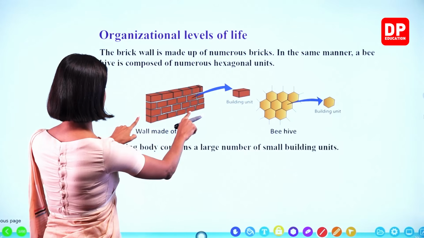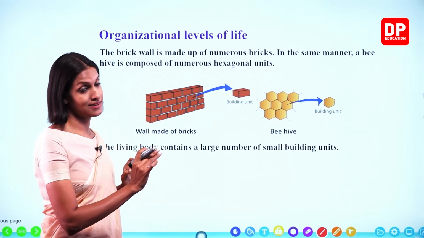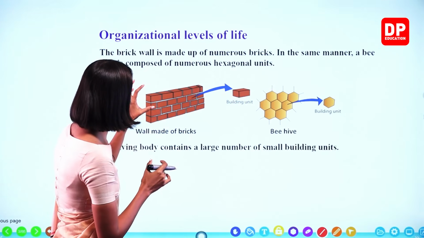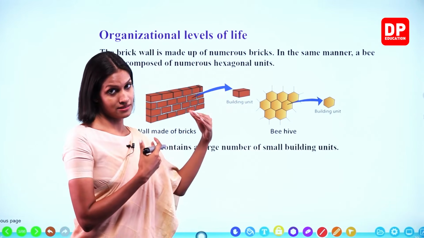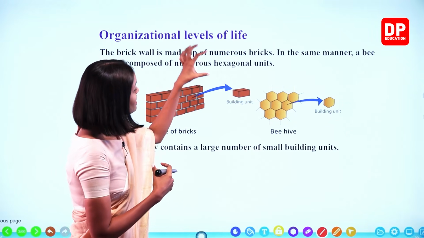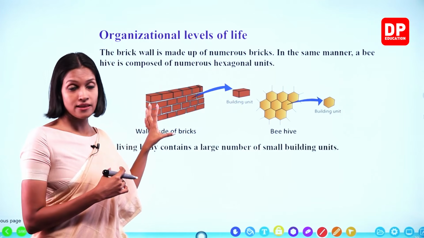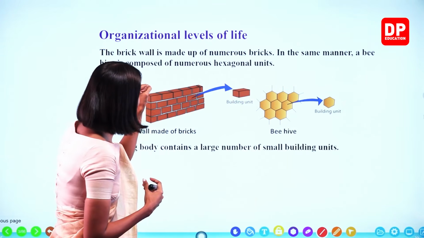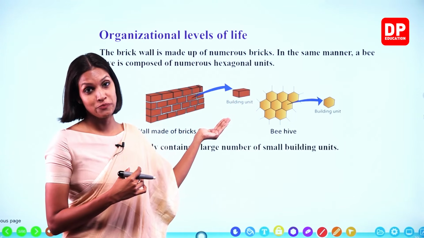A beehive is also a type of structure. When you consider the brick wall, it is made by combining a number of bricks. Therefore, by combining these bricks, the structure of the brick wall is made. Therefore, we can consider the building unit, or structural unit, is the brick.